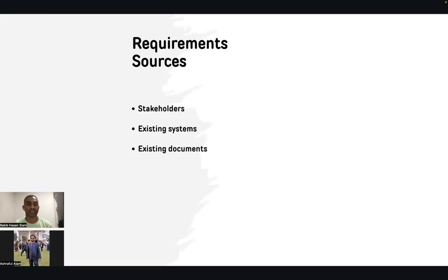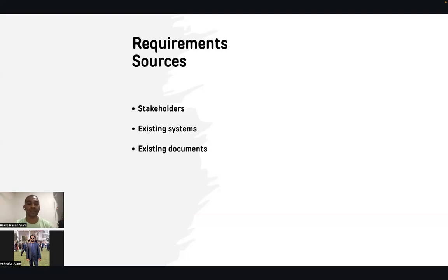So requirement sources. We have our stakeholders and we did interviews to get information about our system, like the stakeholder requirements for a blind student system, and also the existing systems.